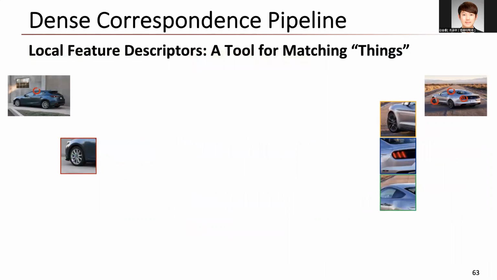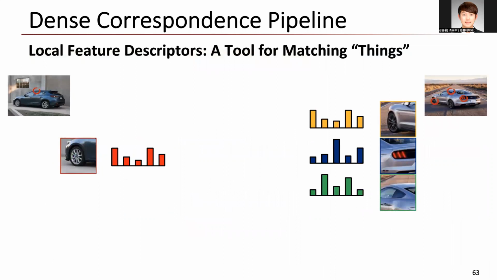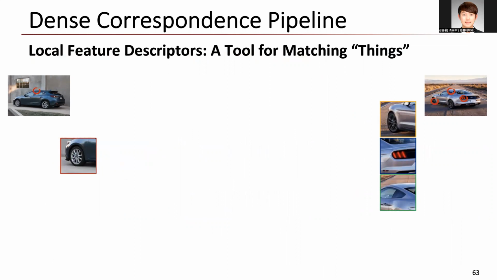So first of all, what is a good local feature descriptor? Given input images, image 1 and image 2, we can extract a feature vector from each pixel.